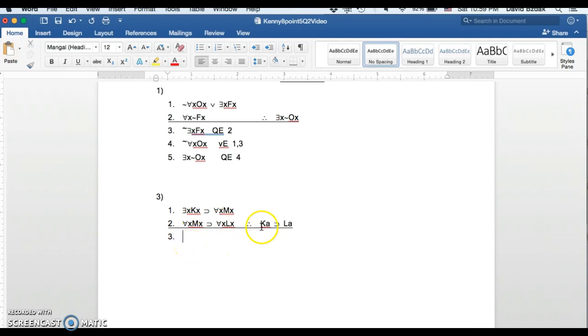But since our conclusion is a conditional, what we can do is a conditional introduction, right? So we assume KA and want LA. And again, we do this the exact same way. We indent, we assume the antecedent of the conditional we're trying to derive, and we want the consequent. So that means we're finished with the subderivation when we get to LA.